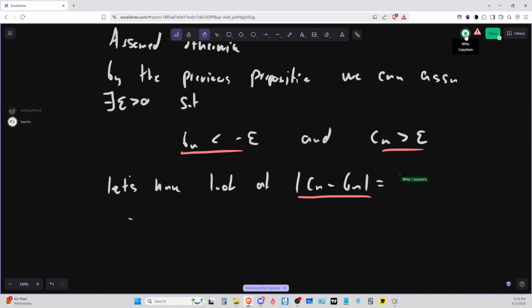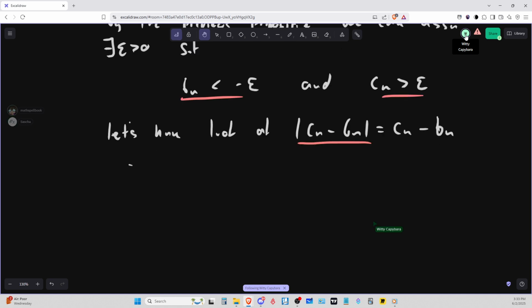But as Cn is positive and Bn is negative, I can just remove the absolute value, because Bn will be negative, so if we put a minus in front of it, it will be positive. Okay, so what do we get from that?